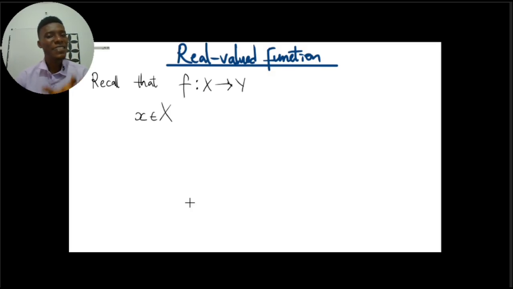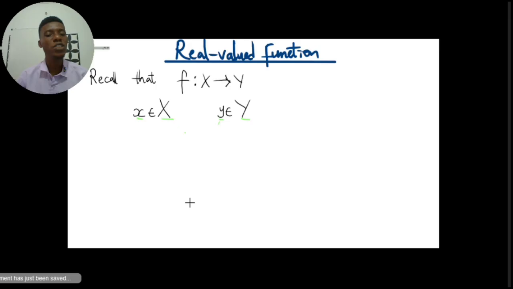X is a set that contains small letter x. So small letter x is representing every number in capital letter X. We call them inputs. Small letter y is an element in big Y. Big Y is representing a set, while small y is representing the numbers in that set.